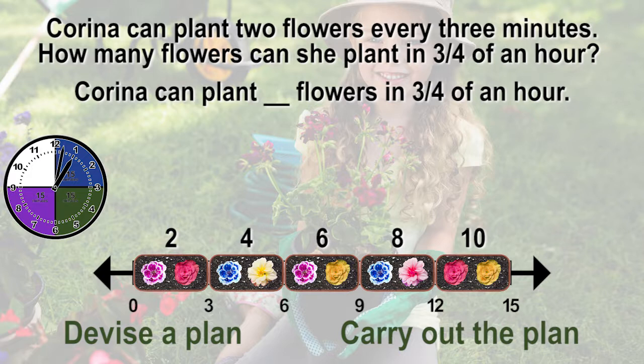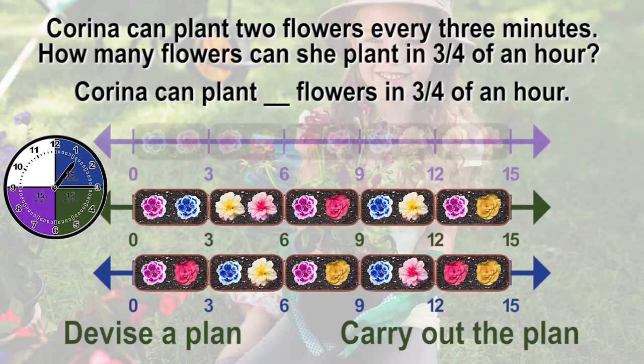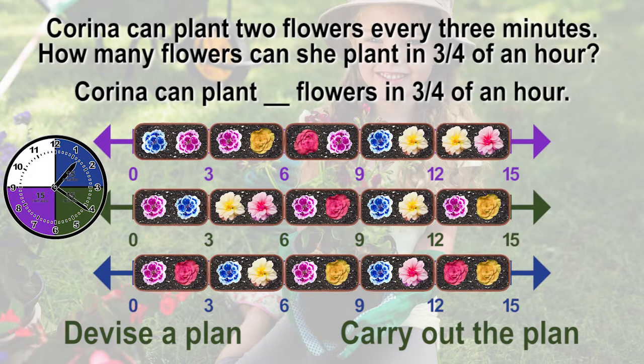Remember though, 15 minutes only represents 1/4 of an hour. We need to represent 3/4 of an hour. All we need to do is copy our number line 2 more times. This now shows 3 15-minute blocks of time, or 3/4 of an hour. Each number line shows that Karina is able to plant 10 flowers every 15 minutes.